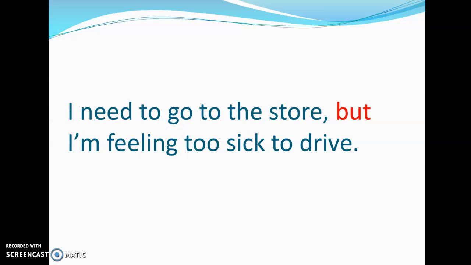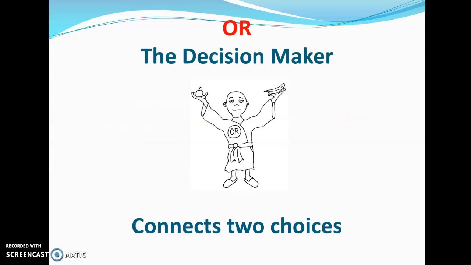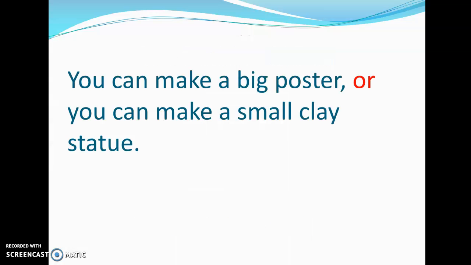For example, I need to go to the store, comma, but I'm feeling too sick to drive. So I want to do something, but because I'm sick, I cannot do it. Or, the decision maker, connects two choices. Do you want apple or do you want banana? For example, you can make a big poster or you can make a small clay statue. And also, we have a comma.